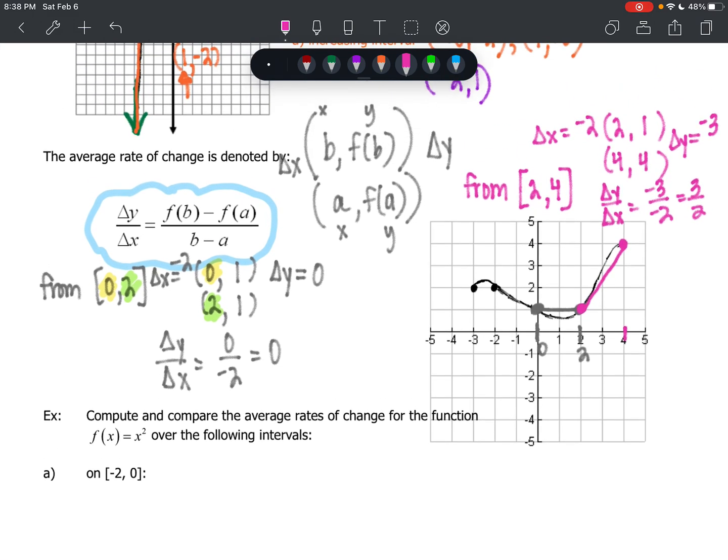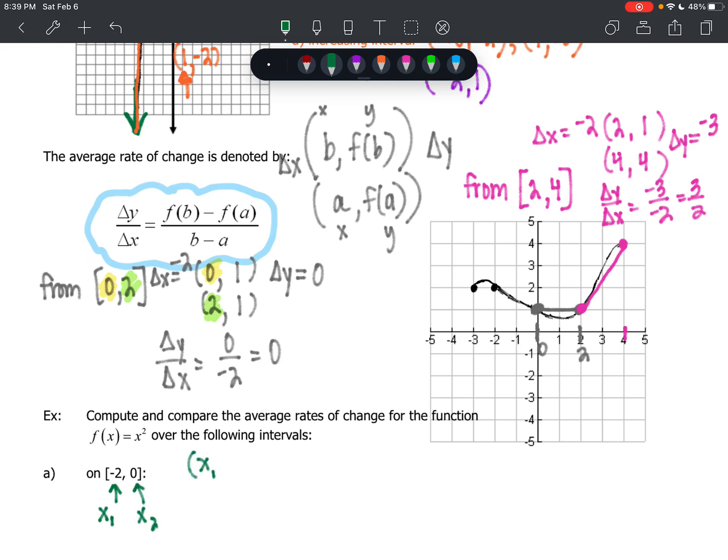Sometimes we're just given the function. For instance, in this example right here, f of x equals x squared, we want to find and compare the average rates of change on the interval negative 2, 0. So our first step is to create ordered pairs. This is your x1, this is your x2.